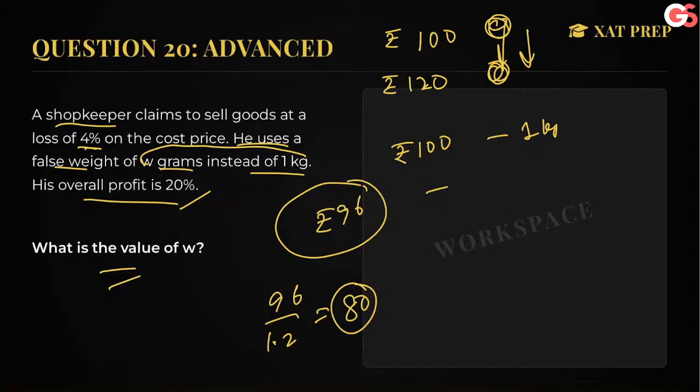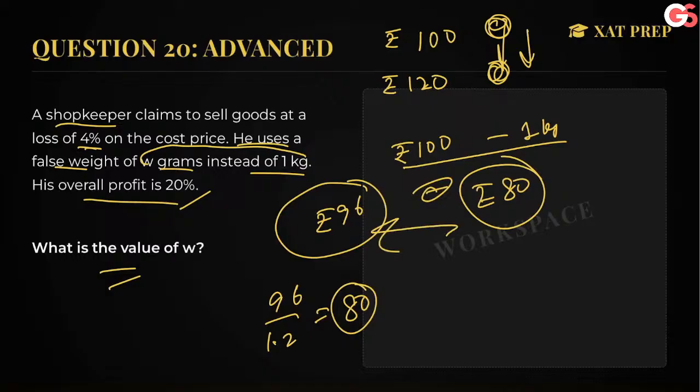He's actually giving out goods of rupees 80 while he's charging rupees 96. Do you understand that? Is that clear?